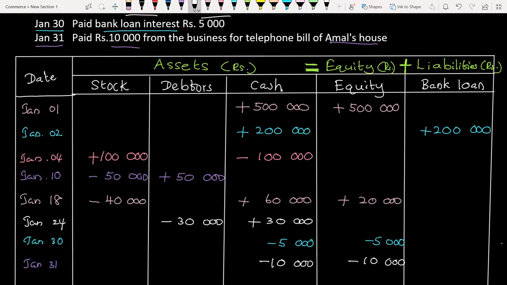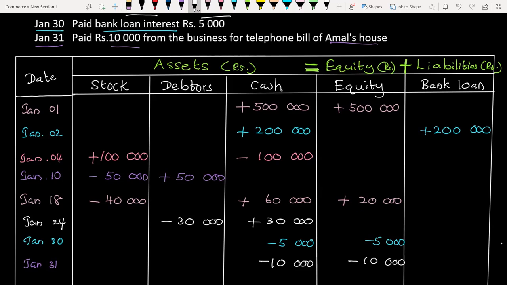Okay, now we have recorded the impacts of all the transactions. Now it's time to find the closing balances. So here you need to find the total value of each column, the final value of each column. You need to consider the plus and minus using your mathematical knowledge.